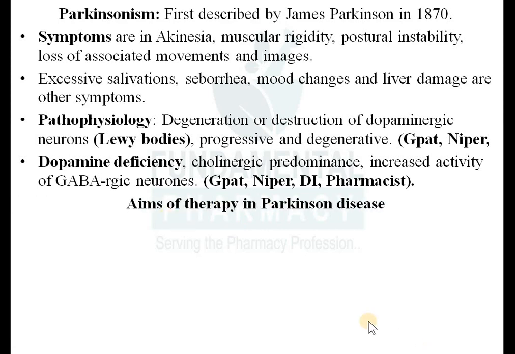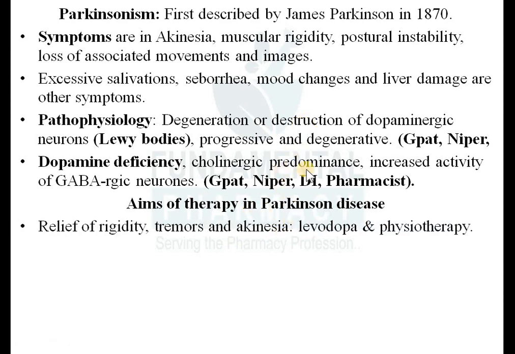Now, what will be your aims? What will be your targets for the therapy of Parkinson disease? So there is one movie known as Raja in Bollywood. उसमें परेश रावल, संजय कपूर और माधुरी दीक्षित, ये तीनों मिलकर स्टारकास्ट हैं. तो उसमें संजय कपूर का नाम रहता है राजा, और जो परेश रावल होता है वो उसका बड़ा भाई होता है, और वो पार्किंसनिज्म से सफरिंग होता है.